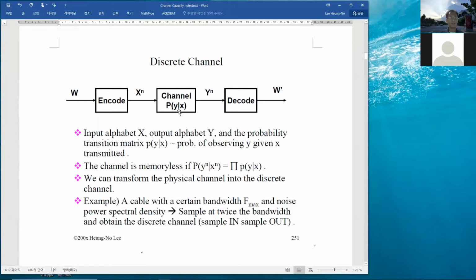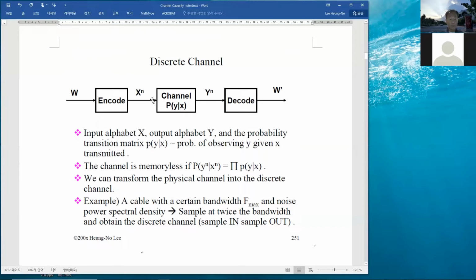This channel is given by input X, output Y, and a probability distribution. Then you receive these symbols, written as Y's, and the superscript here means you are doing a vector transmission and a vector reception.